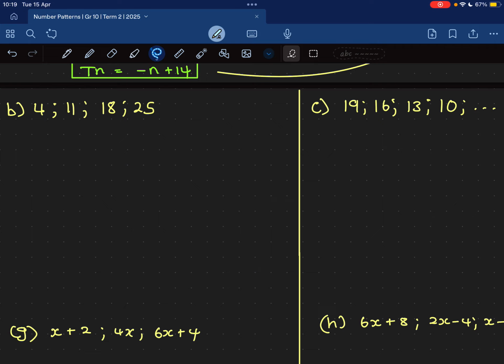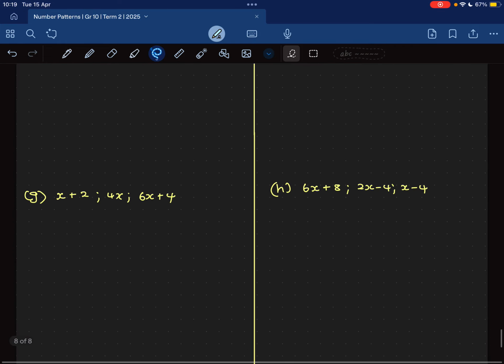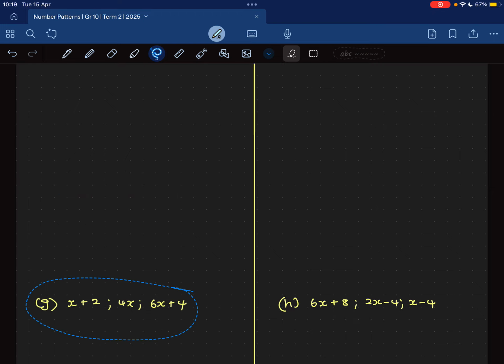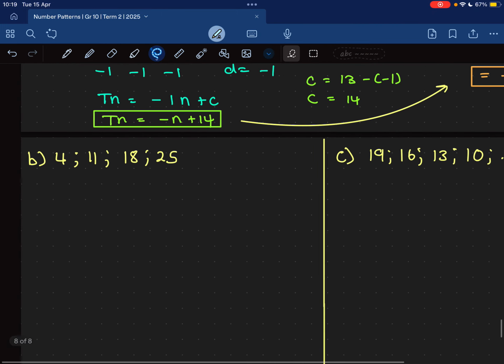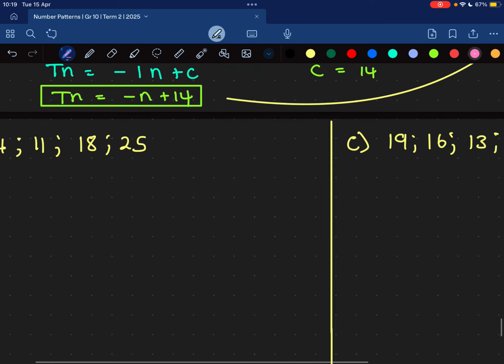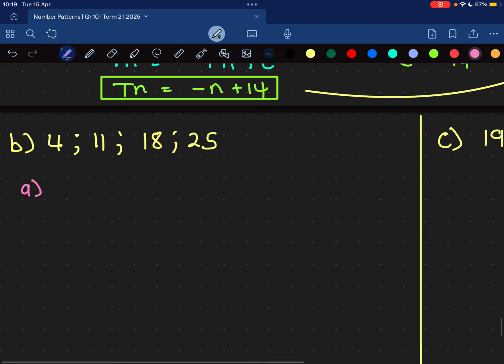Now, in order for us to determine the 45th term, we have to start by finding what Tn is, because you can't find the value for T45 until you first have the value of Tn.